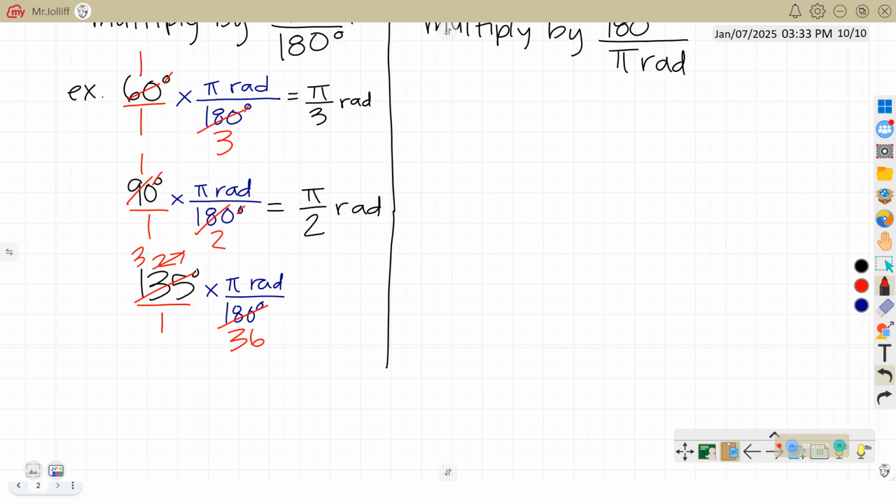So that guy is 3, that guy is 4. I agree. Did anybody else get 3 and 4? I see some nodding, some thumbs up. Yeah, good. And those are done because this guy's prime and he doesn't go into 4. So 3 pi over 4.